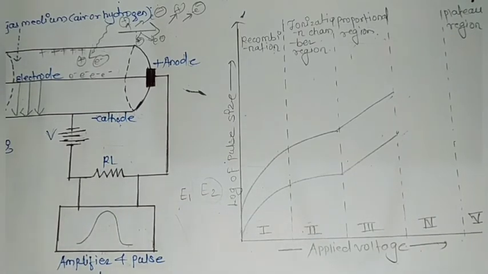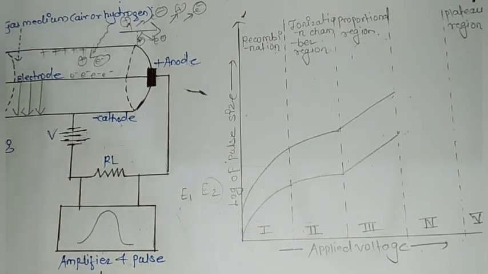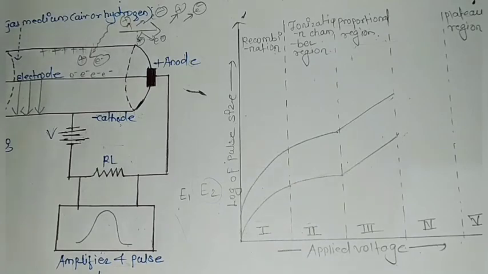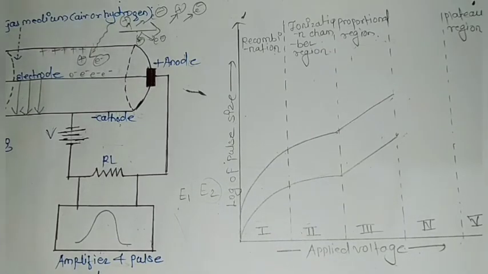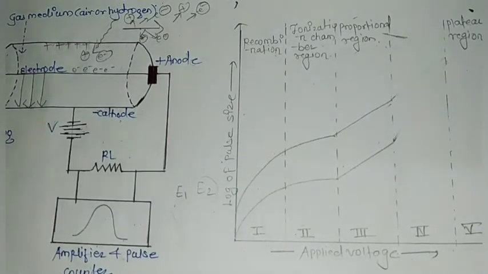Okay, the primary ions create the secondary ions, which further create the tertiary ions. They will create further ions. A chain reaction will happen which will lead to an avalanche effect. With this avalanche effect, we increase the total number of ionizations happening.